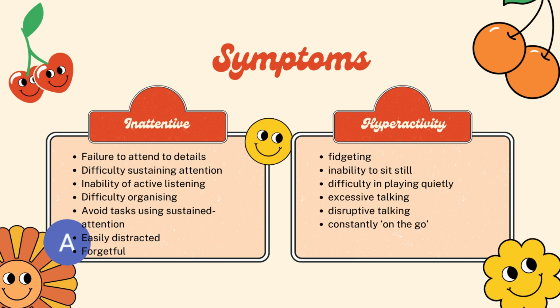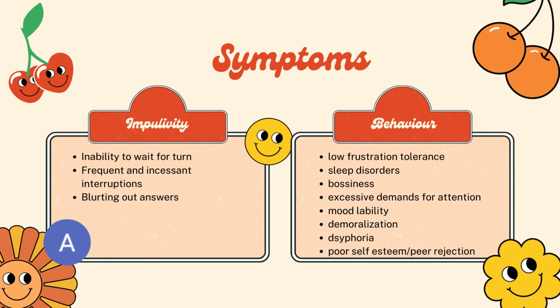This also leads to the next symptom, which is they appear to be constantly on the go. Their engines are always running, so they need to deliver it right at that moment in time. Similarly to the hyperactivity, it leads to the impulsivity symptom in people with ADHD.